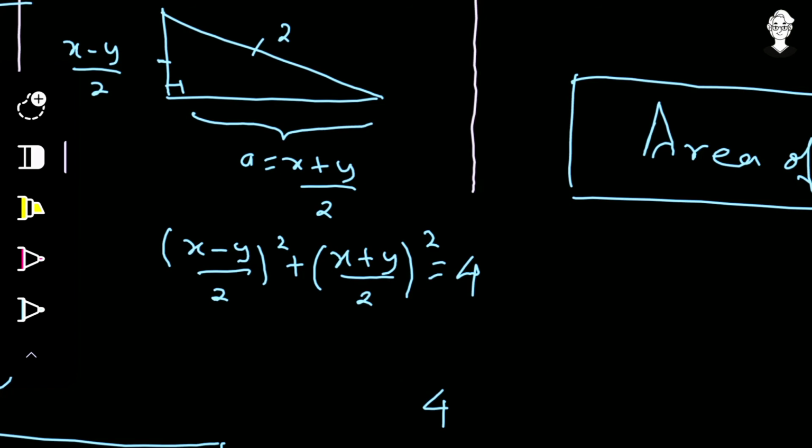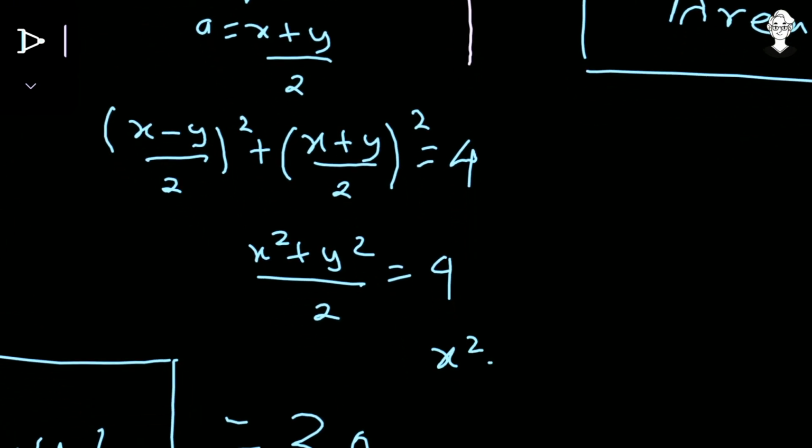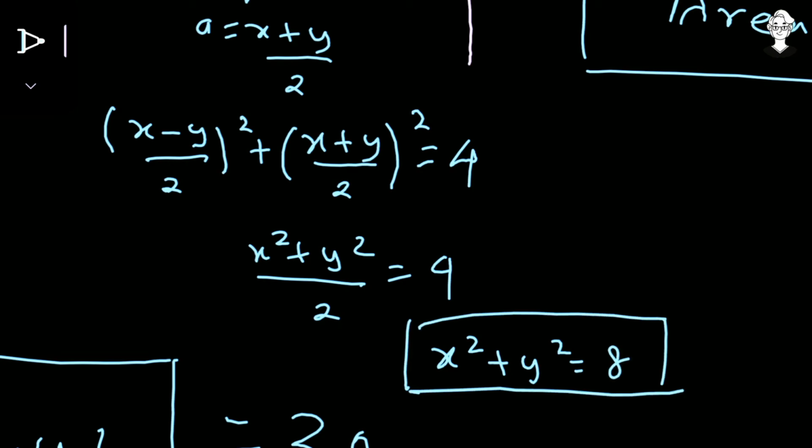Taking 2 common and cancelling the 4 in the denominator, we get (x squared plus y squared) upon 2, and that equals 4. So x squared plus y squared equals 4 into 2, that is 8. The second step is also done.